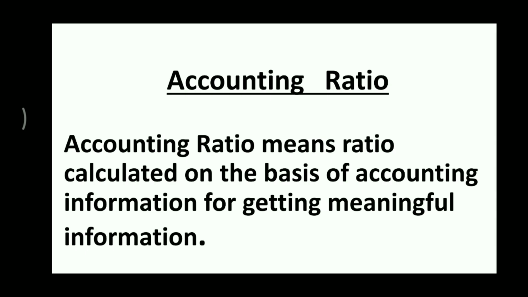We calculate ratios from various items of the income statement, various items of the balance sheet, or we take items from both the income statement and balance sheet to calculate some ratios, so that we get some meaningful information. That is known as accounting ratio.